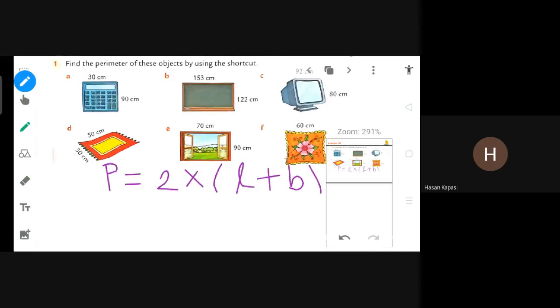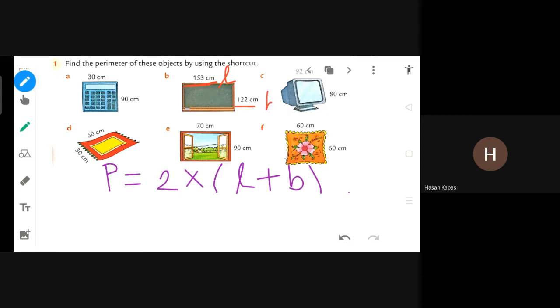Ma'am, length is 153 centimeter and breadth is 122 centimeters. Okay, because 153 is a bigger number and 122 is a smaller number. So in this formula, wherever L is written, there we will put 153, and where B is written, there we will put 122. So this is question B, and the same formula we have to use.